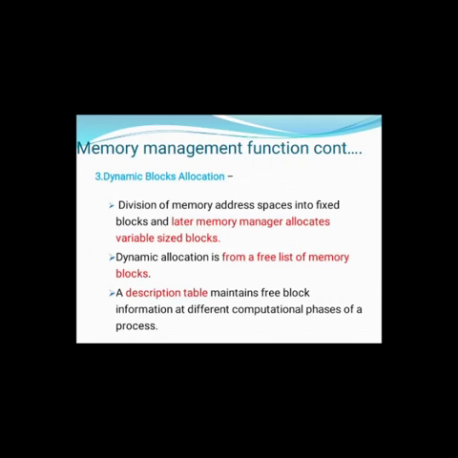So these are the variable size blocks in dynamic allocation, from an unused list of memory blocks. We use a description table, which maintains unused block information at different computational phases. So we can conclude that dynamic memory allocation has more advantages than fixed block allocation.